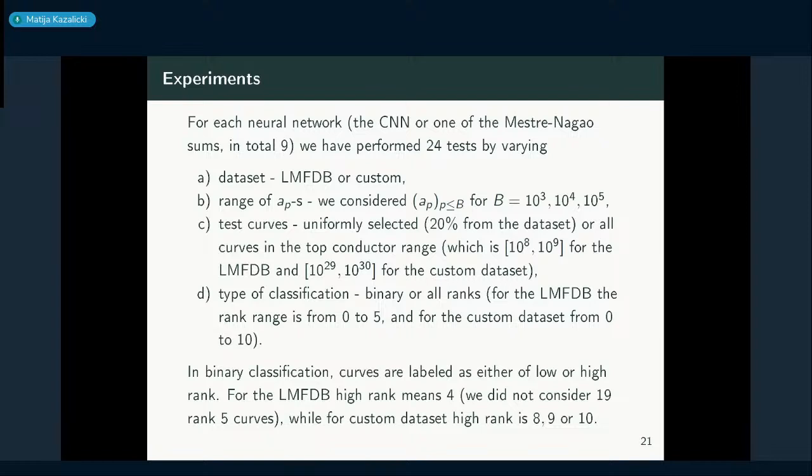High rank is 8, 9, and 10, and for LMFDB, high rank means 4. So we did not consider the curves of rank 5 because there are very few of them.